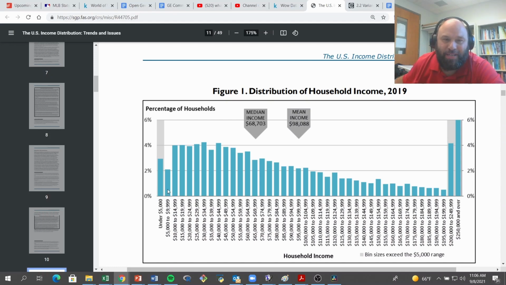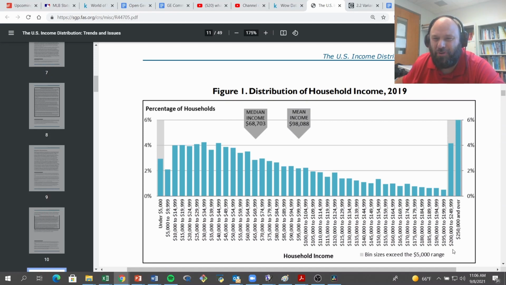Each of these bin sizes are for household incomes in $5,000 ranges, $15,000 to $20,000, $20,000 to $25,000. And you notice that over here, we've got a single peak right in the middle, and then it starts to decrease, and you start to see the effect of this right skew. What's happening with these 2 bars is that the bin size for the second to last bar is $50,000.